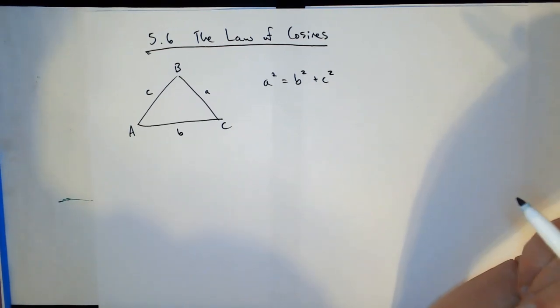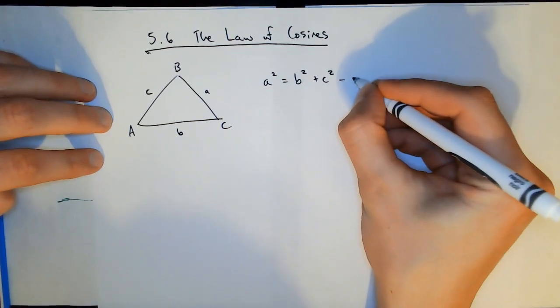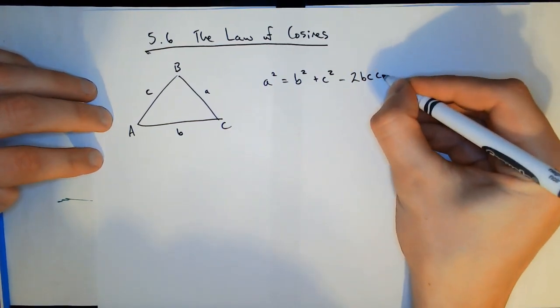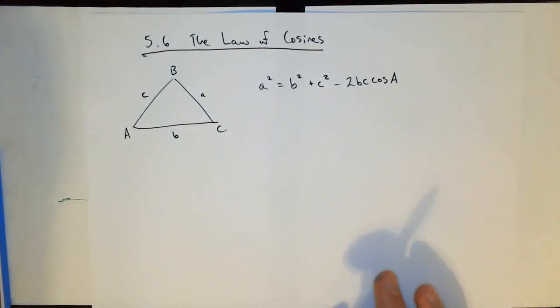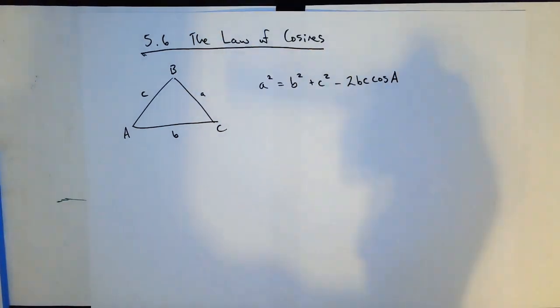So that's not done though. The rest of the formula is minus 2 times B times C times the cosine of A.